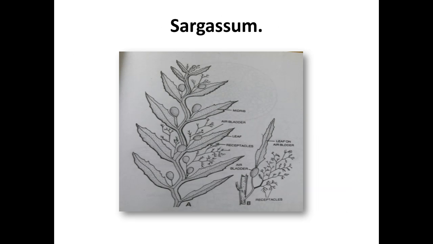The Sargassum plant floats on the surface of water, and for that purpose the air bladder is useful. Then again, the secondary branches give rise to the reproductive structure. It is generally known as the receptacle.